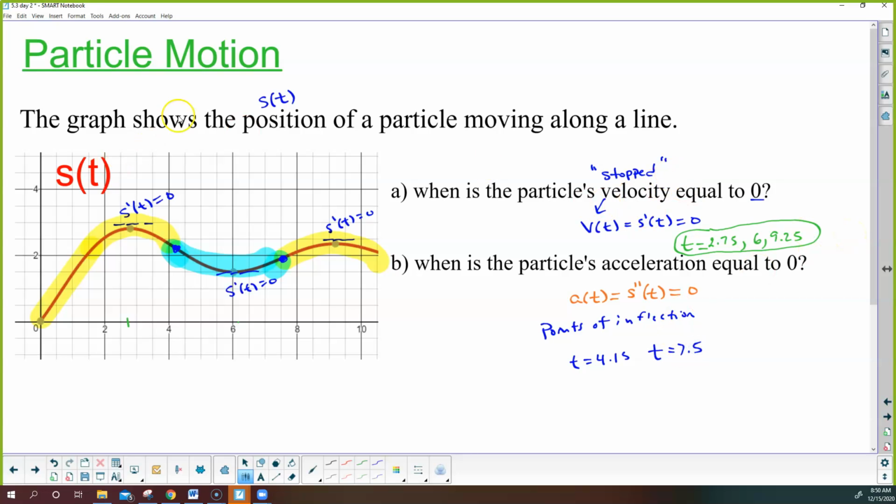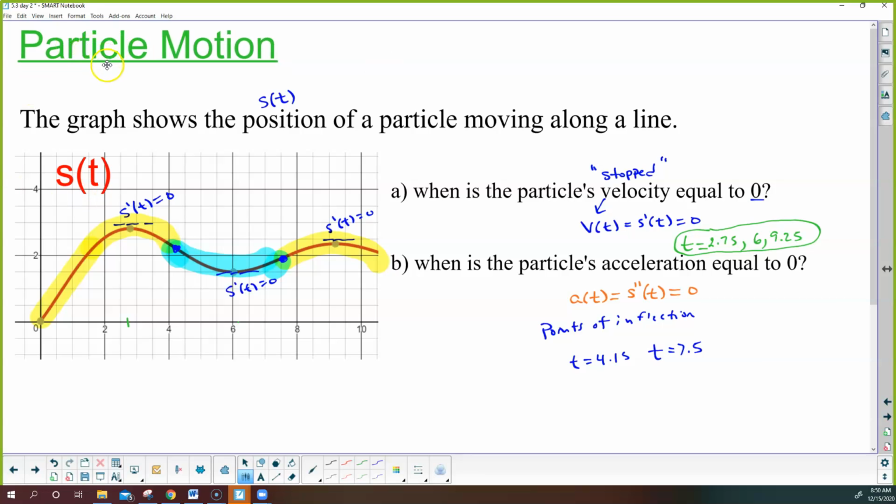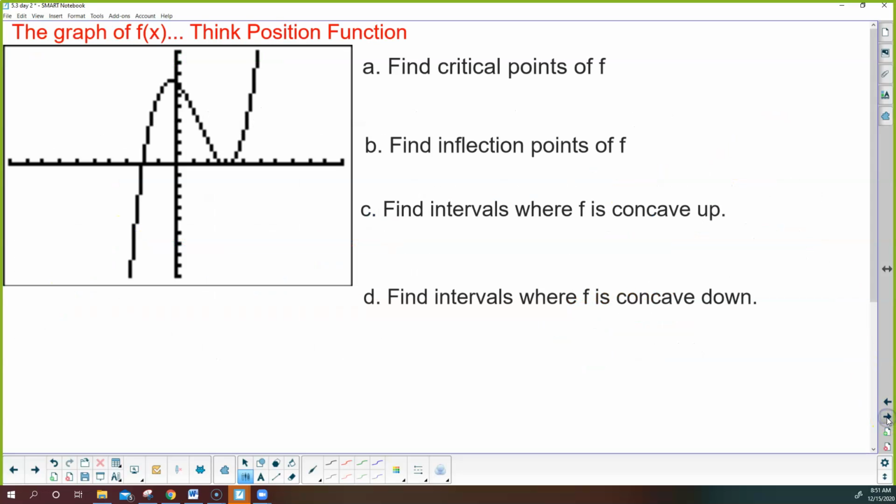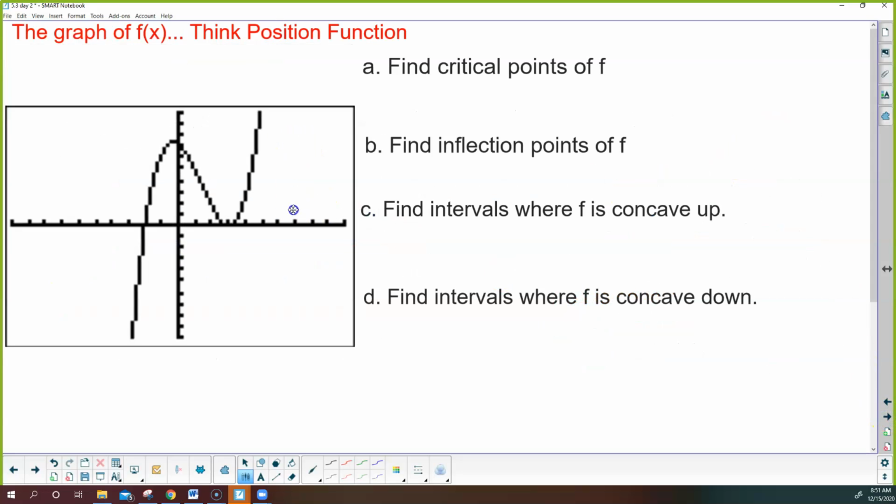Okay, so why did I show you this? Well, some students do a whole lot better when they think of the graphs in terms of particle motion. Instead of just here's f, and here's f prime, and here's f double prime, if they apply an actual motion to it, that could be helpful. All right, so this is what I would like you to write down.